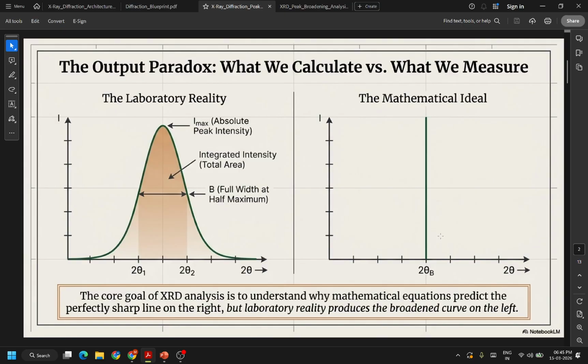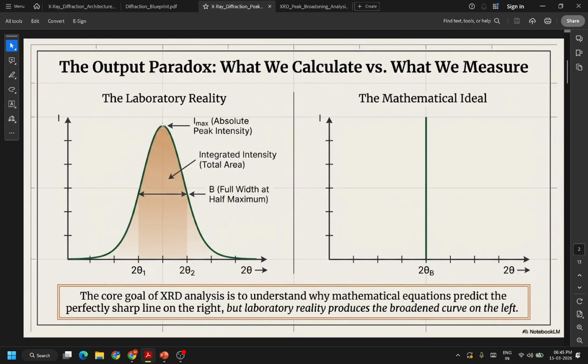So the ideal peak is like a straight bump in the intensity at the diffraction angle. That is what an ideal peak should be. But the reality is that we have a broadened peak, which has a maximum intensity I_max and a full width at half maximum. A full width at half maximum means basically, say you take half of I_max.